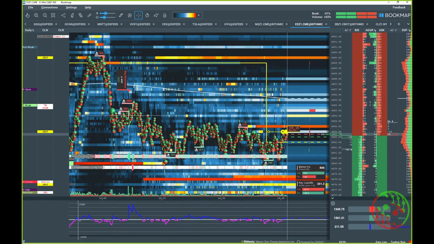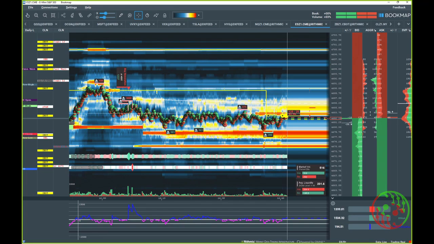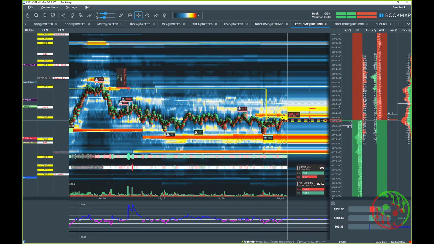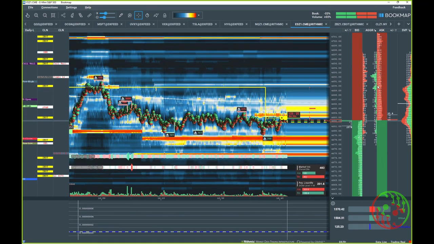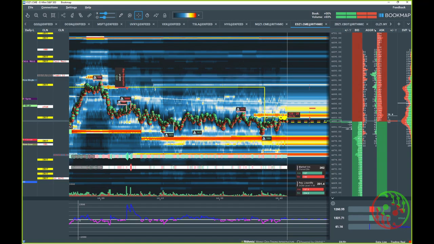Yes, that's what's indicated here in the aggressor volume, the aggressor part. The nice thing is that you can see nicely if you're watching and setting your dome. It doesn't matter whether you have Jigsaw or whether you put a dome on Bookmap. You will see very nicely the statistical outcome.